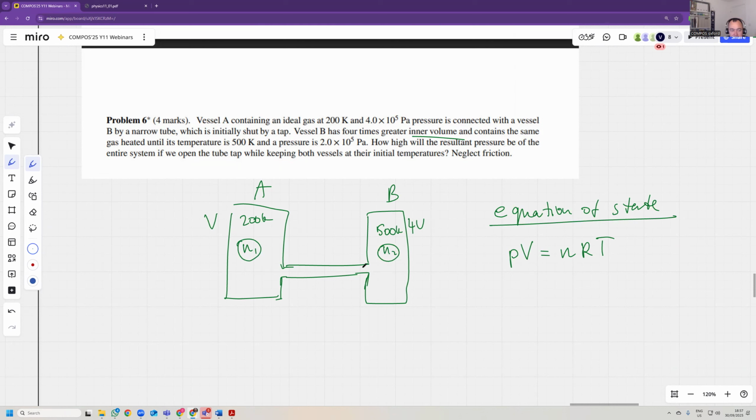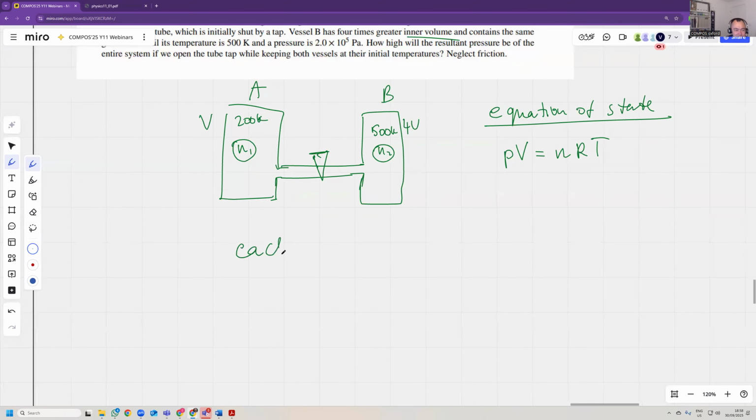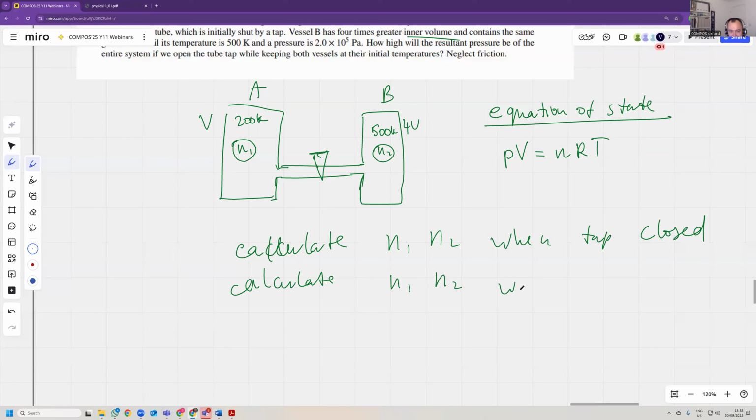Once you combine the gas, they will have the same pressure, so you can work out the new one. So calculate n1 and n2 when the tap is closed, and calculate n1, n2 when the tap is open.